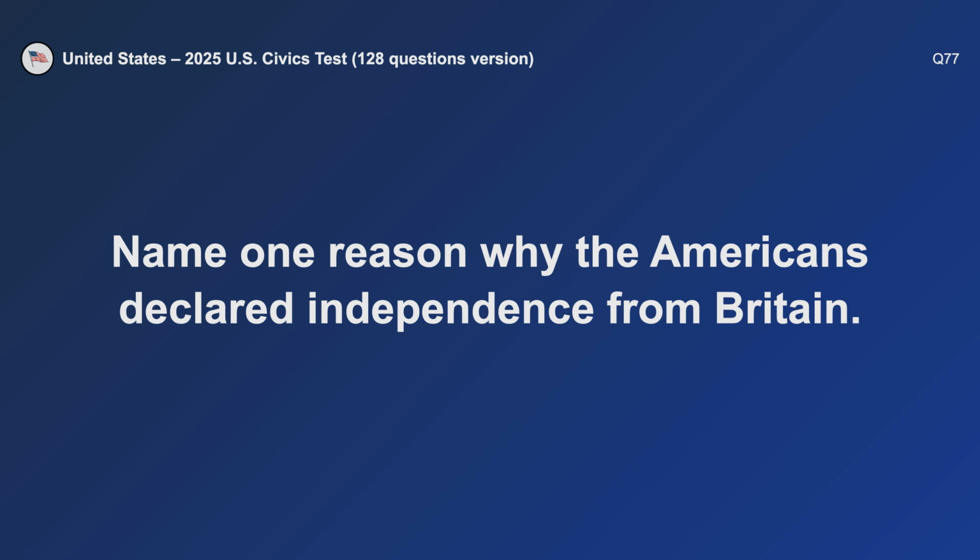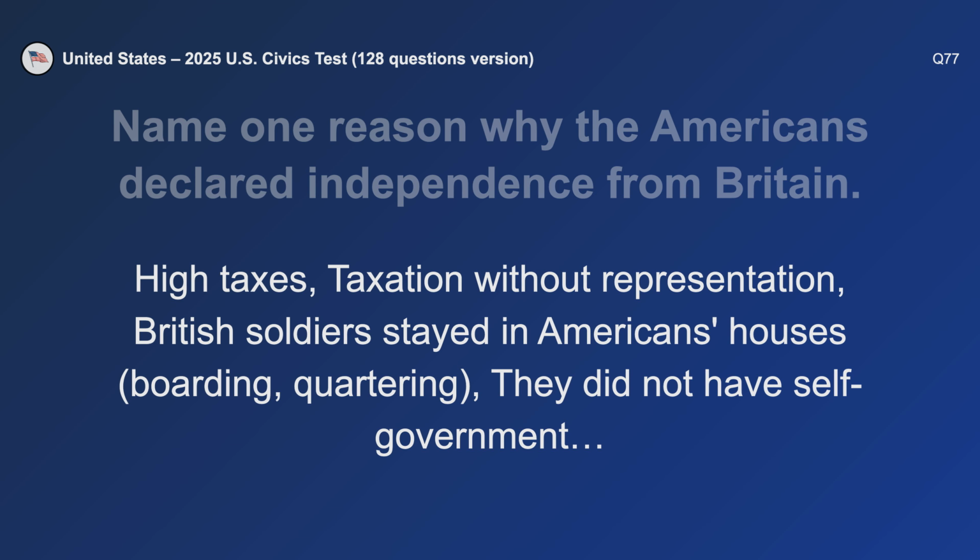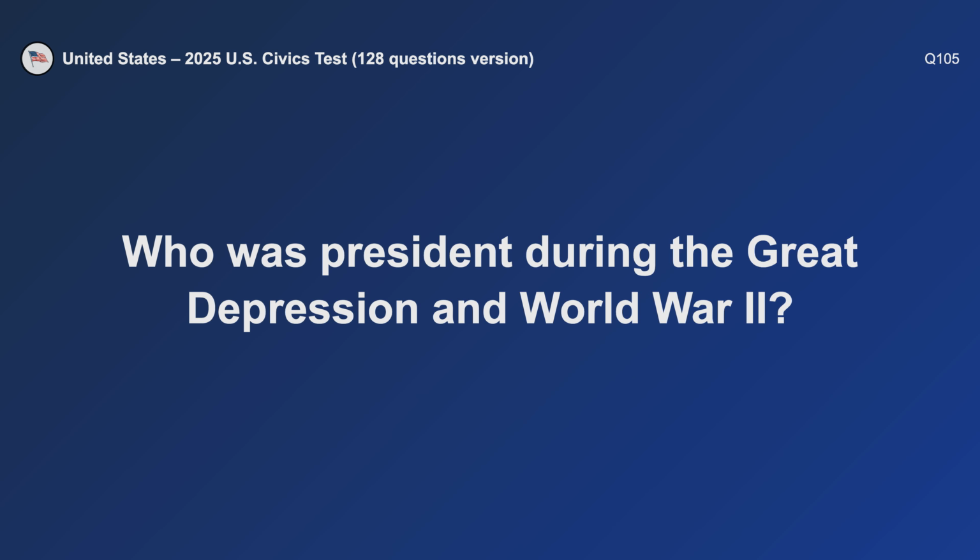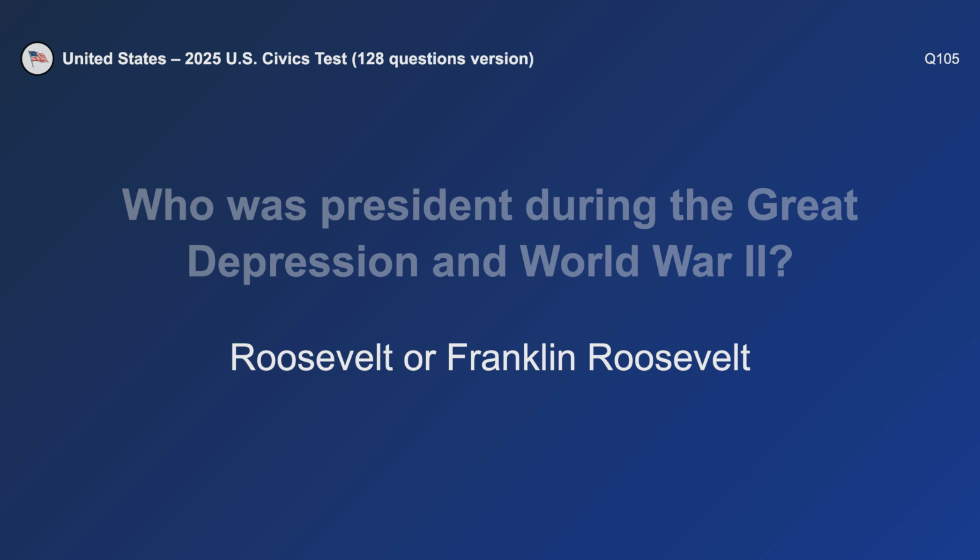Name one reason why the Americans declared independence from Britain. High taxes. Who was president during the Great Depression and World War II? Franklin Roosevelt.